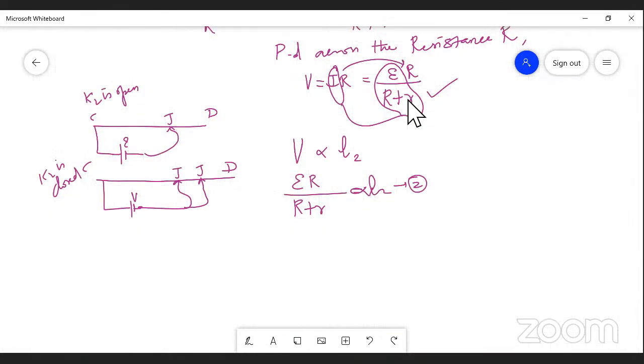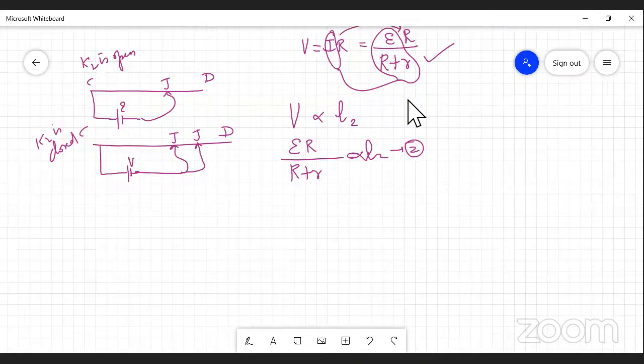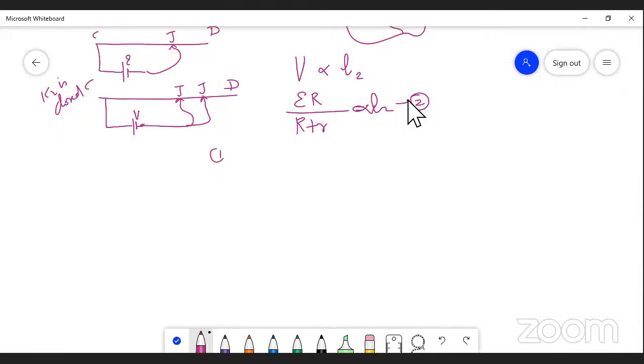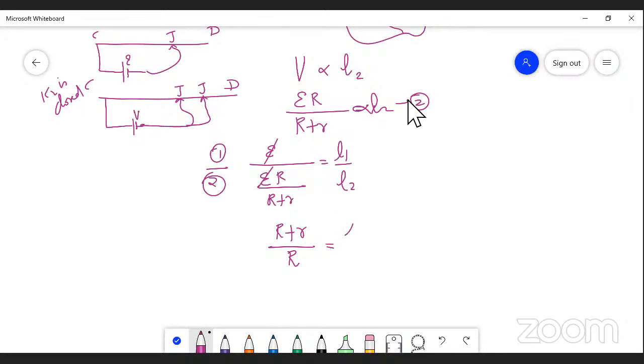Dividing 1 by 2, we will get E divided by ER divided by R plus r is equal to L1 divided by L2. This E gets cancelled out. Now we can take R plus small r to the numerator, capital R will be there as it is. This is equal to L1 divided by L2.